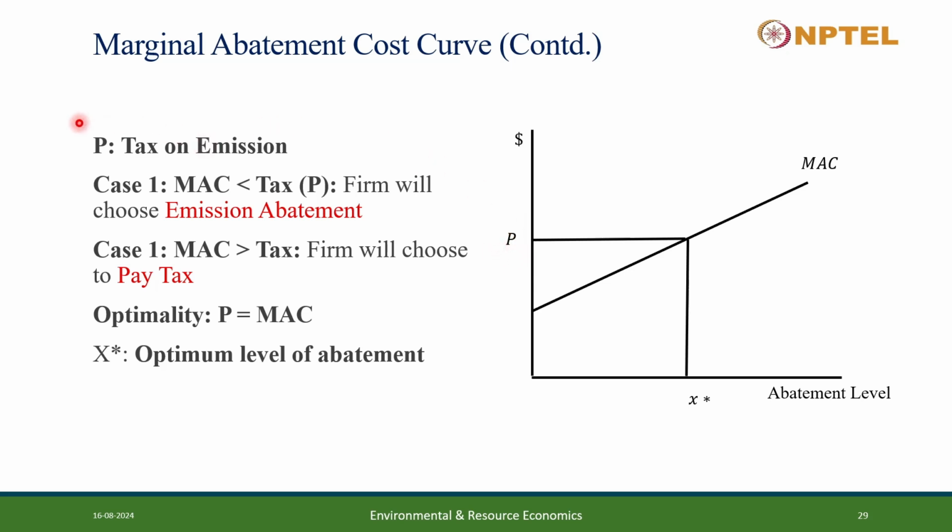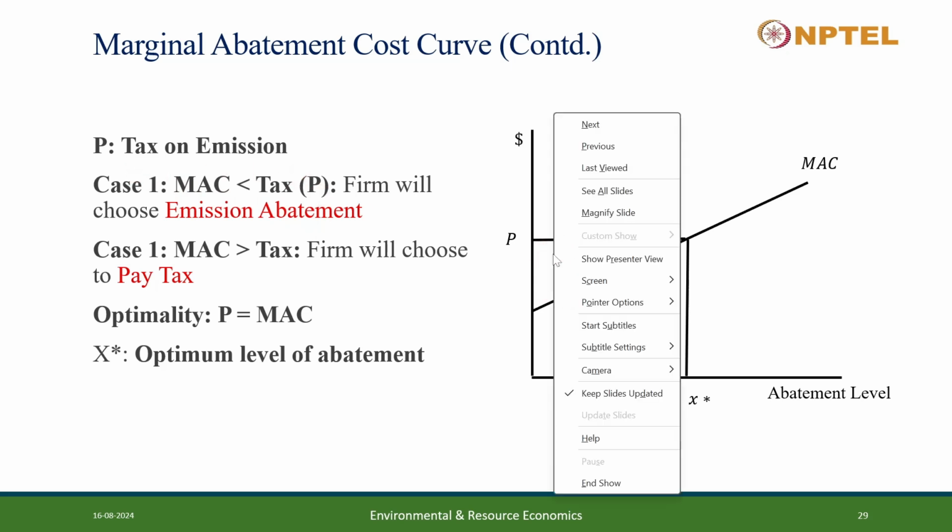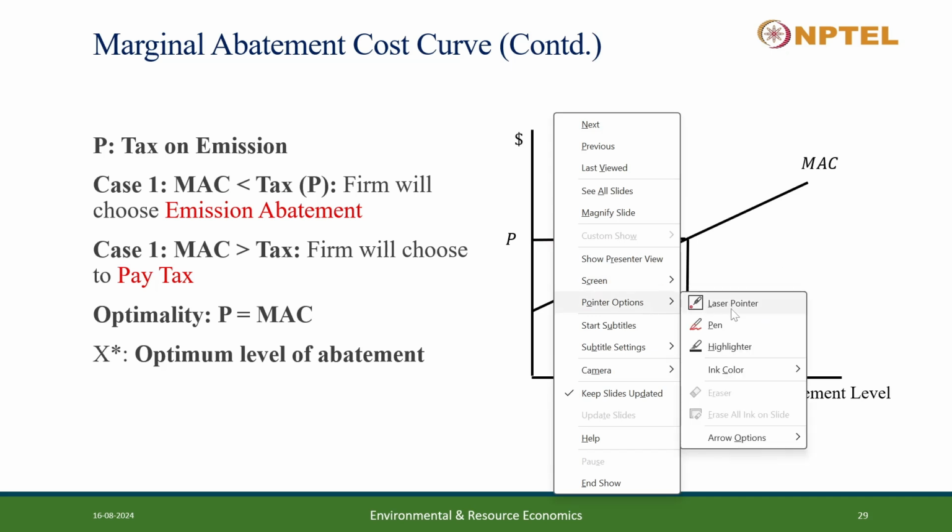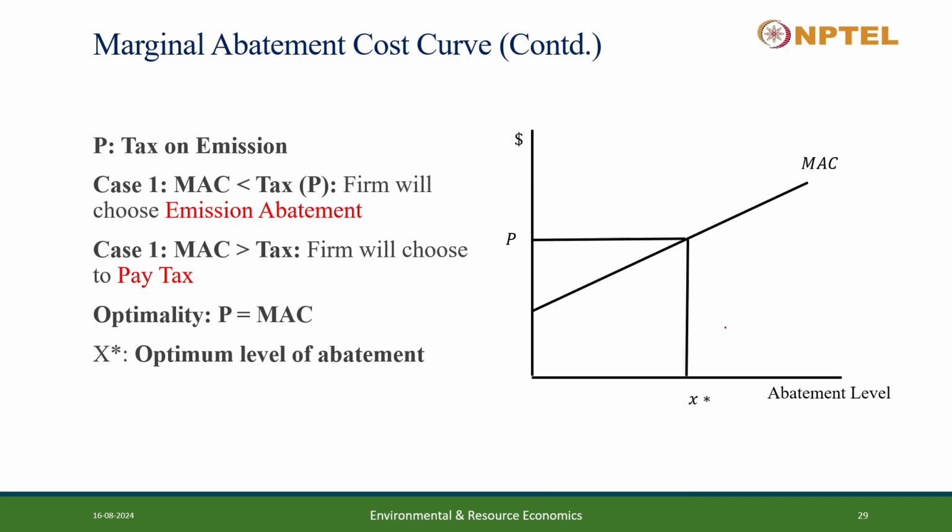If the marginal abatement cost is less than the tax value, then the firm will choose to abate its emission rather than paying the tax, because this much is my saving if I go towards pollution abatement. I don't have to pay tax if I reduce the emission.